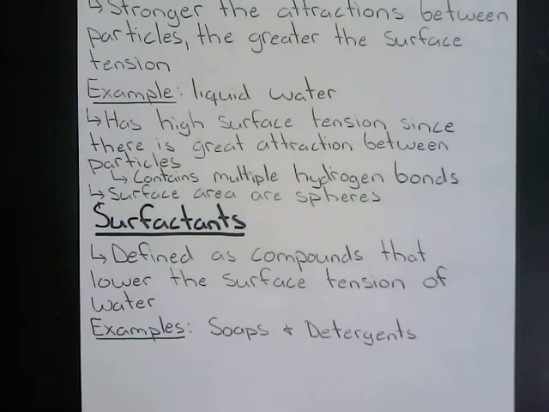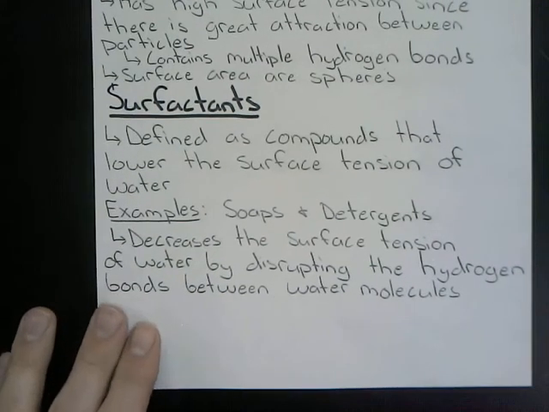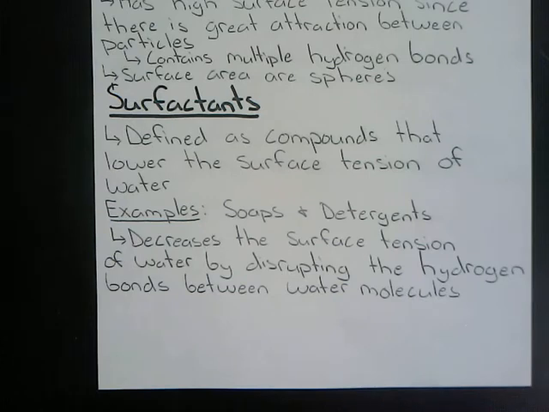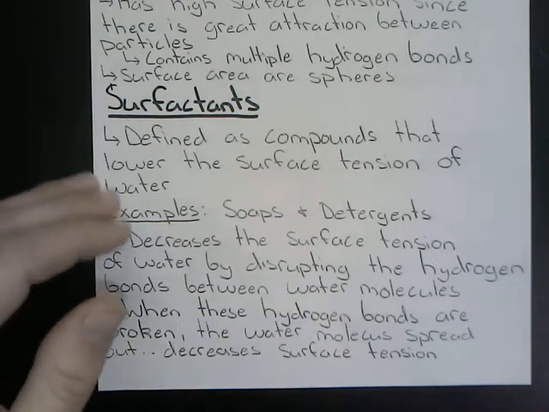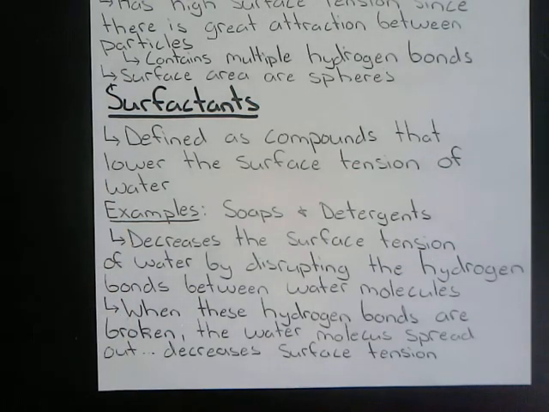As we added the soapy water, the surface tension of the water was disrupted by affecting the hydrogen bonds between water molecules. When these hydrogen bonds are broken, the water spreads out, or the surface tension decreases. All of this explains why that push pin fell to the bottom when I put those couple drops of soapy water in there.